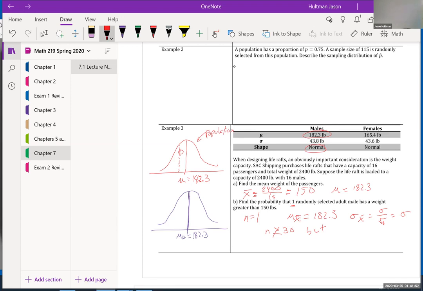If we ran thousands and thousands of samples, it would populate the exact same thing, translated over here, a one-to-one correspondence with the population. This is the distribution of the sample means down here.